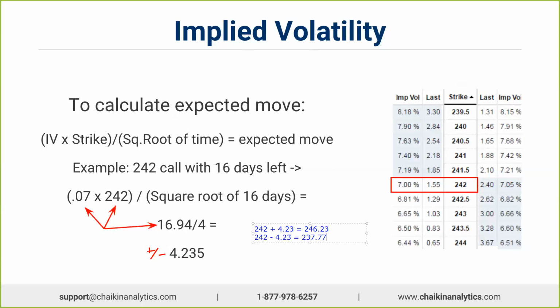That right there is the likely range that this implied volatility is pricing in for the 242 strike.